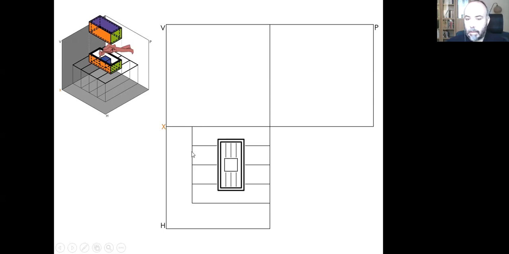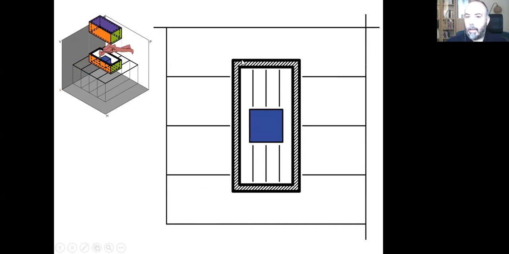So I can start coloring, and I need to do a hatch here. I can use a blue color to indicate the upper surface of the cube, and I can use a hatch with 45 degree inclined lines that are very close to each other.